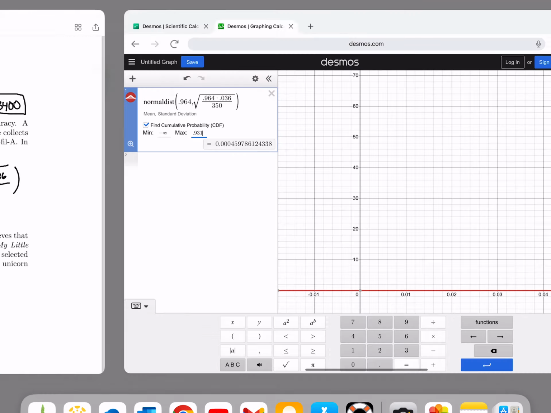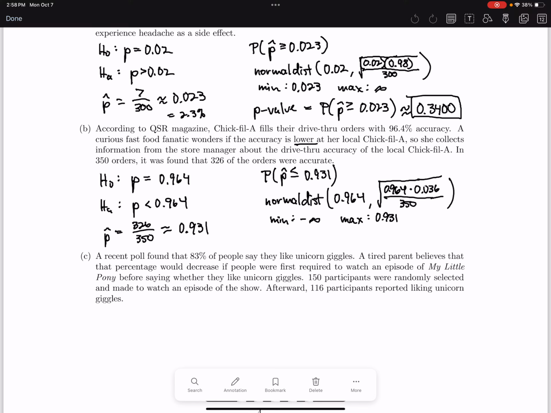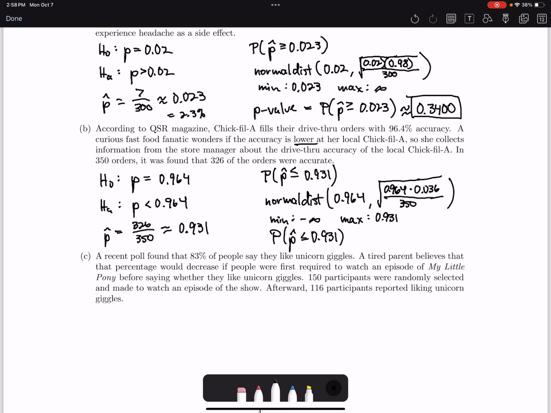Yes. Okay, so that comes out to 0.0005-ish if we round to 4 decimal places. So that's our p-value. Now that one would be good evidence. We would reject the null hypothesis there and say that this local Chick-fil-A, they really need to step up their game because they're making the franchise look bad.